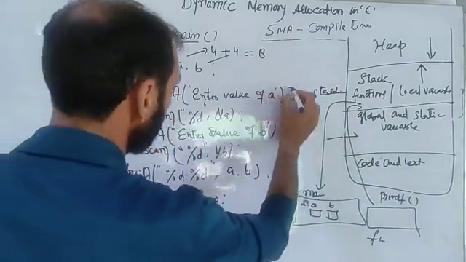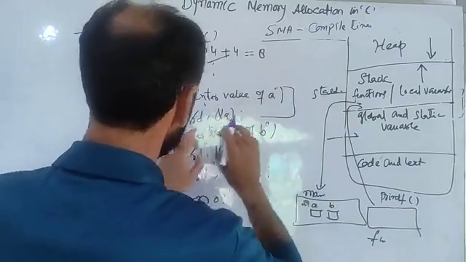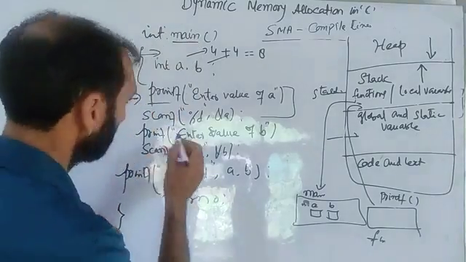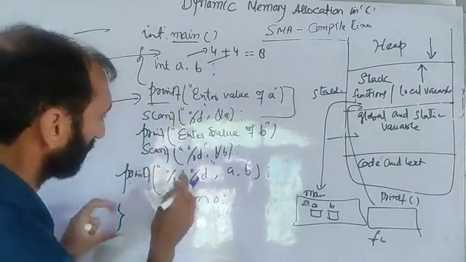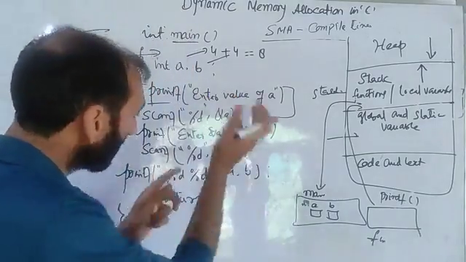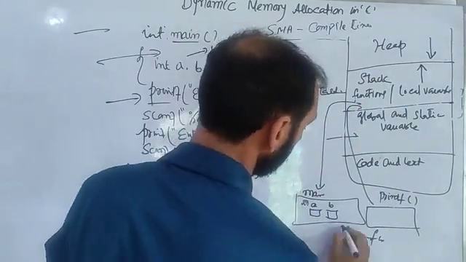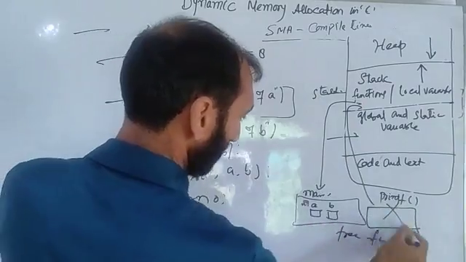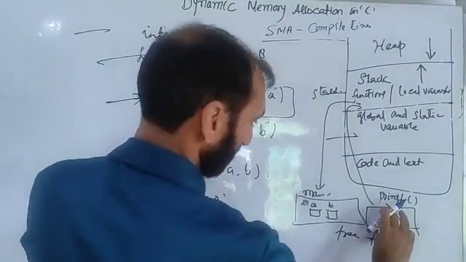After execution of these lines, the value of A, value of B, then printf, then scanf, then printf, then return 0. We should make it a habit to free this memory. When this line gets executed, the printf function gets freed.